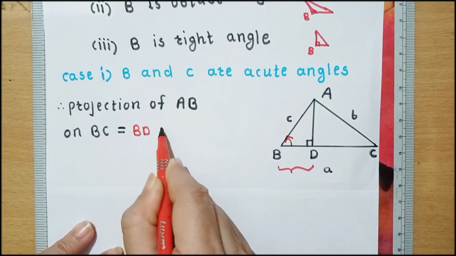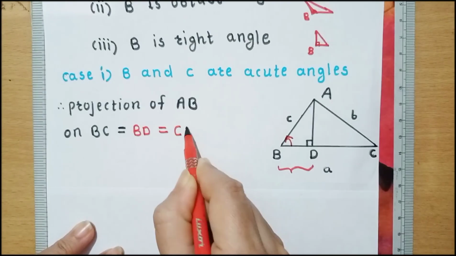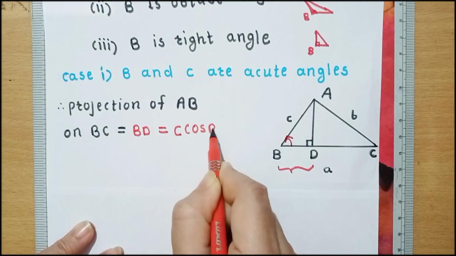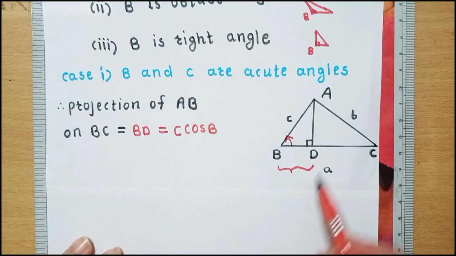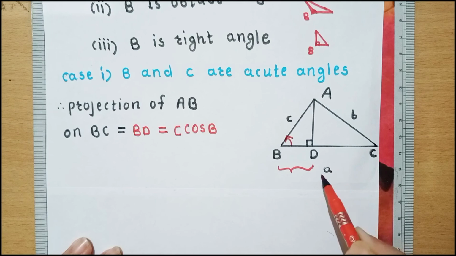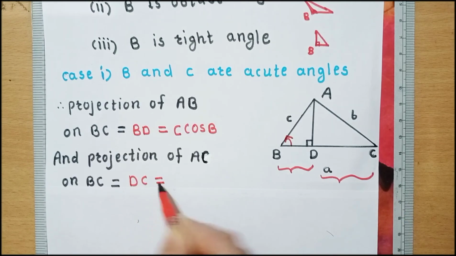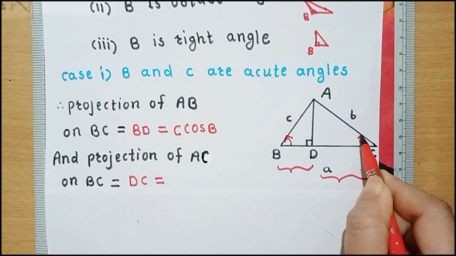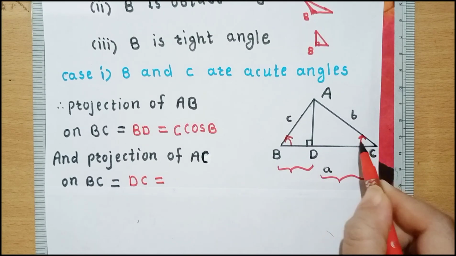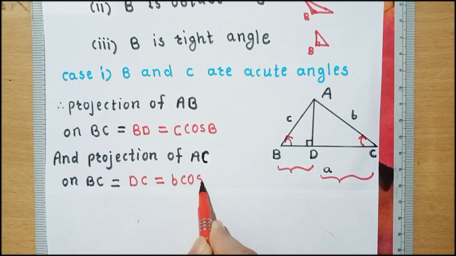So we will write BD is equal to this hypotenuse, meaning C, and then cos of B. Same way, projection of AC along BC is this DC, and this is equal to, now check, this is angle C and DC is the adjacent side, so we will write B cos of C.